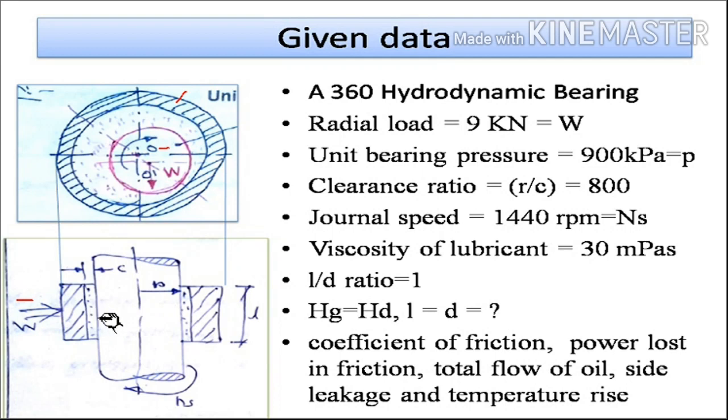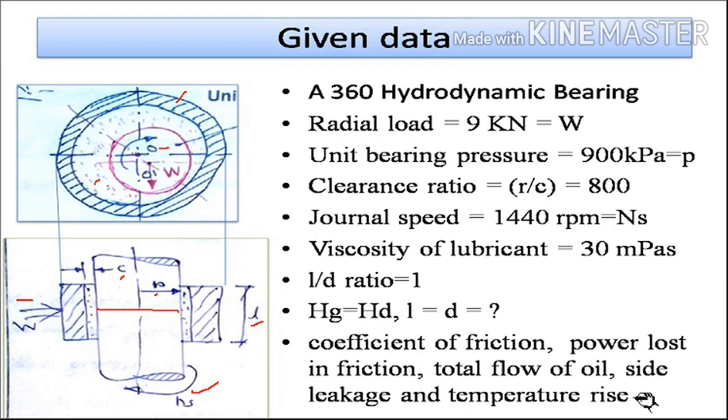The clearance ratio, that is R by C, this ratio is 800. Journal speed is 1440 rpm. Viscosity is specified of this lubricant, that is 30 millipascal second. L by D ratio, so length and diameter ratio of this is equal to 1, and we are finding out all these different parameters.